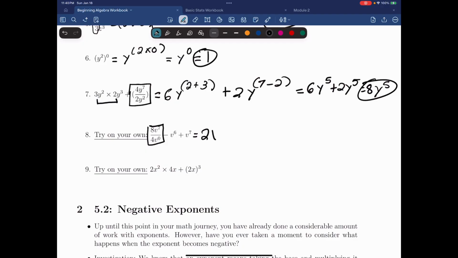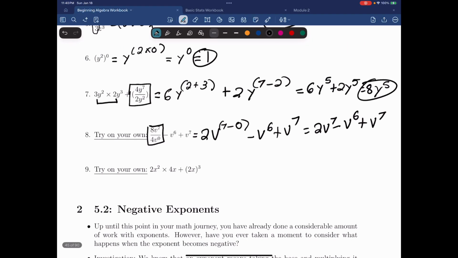And I'm going to take that variable v, and I'm going to do 7 minus 0. And then I'm going to subtract v to the 6th power plus v to the 7th power. Now 7 minus 0, well, that's just 7. So we get 2v to the 7th power minus v to the 6th power plus v to the 7th power.